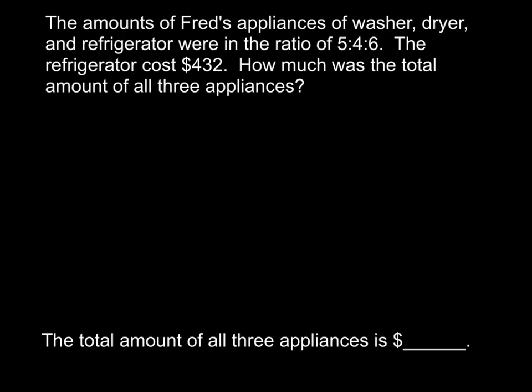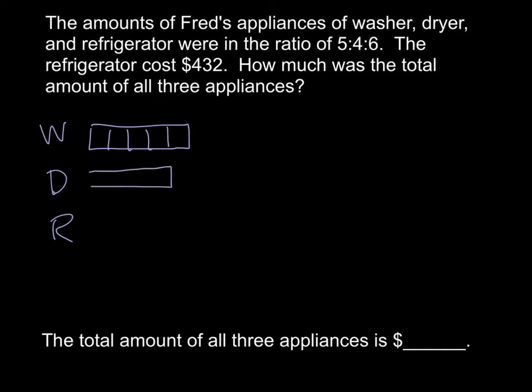Using method 1, I have a washer, a dryer, and a refrigerator. And it was in the ratio of 5 to 4 to 6.